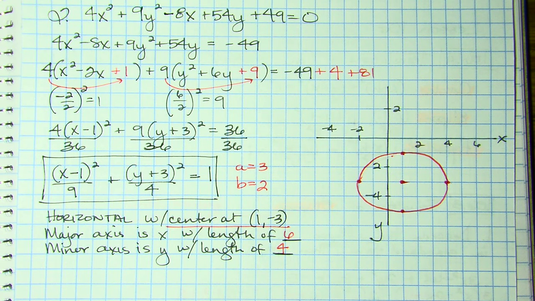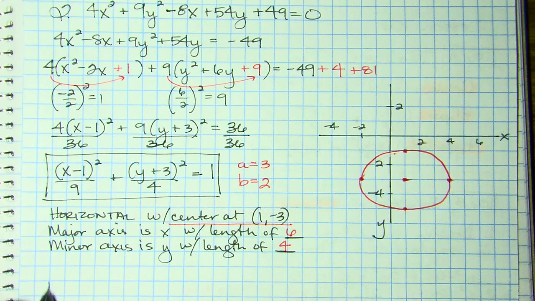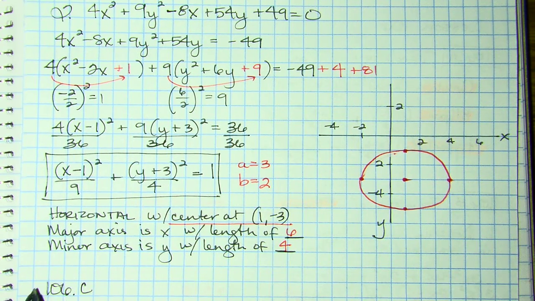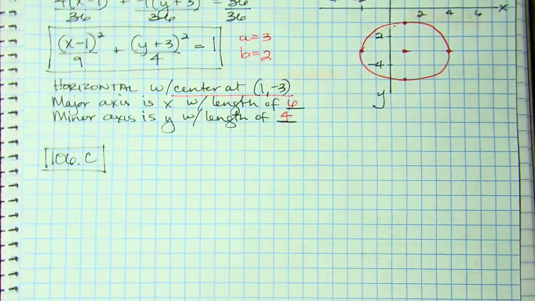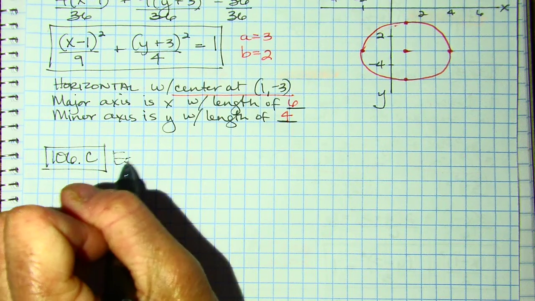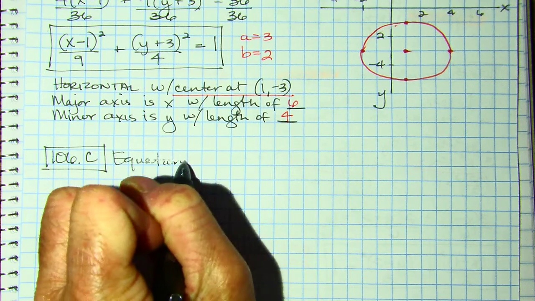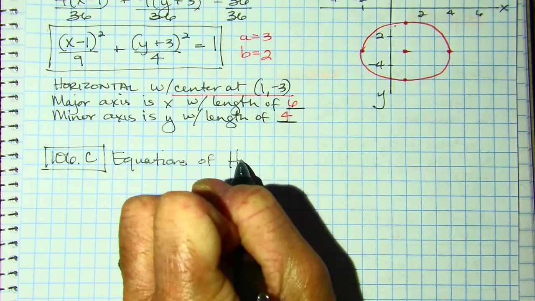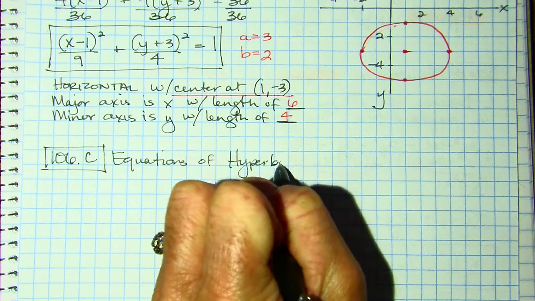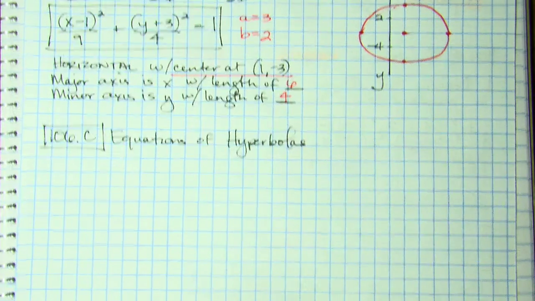So moving along, that was 106.B. So we are going to move on to 106.C, which is the equations of hyperbolas. And we're going to do the same thing we did for an ellipse.